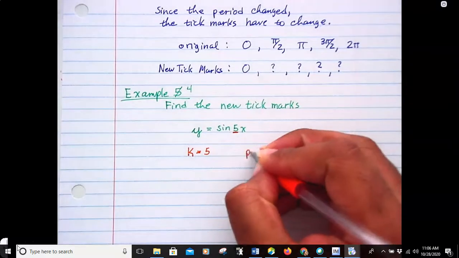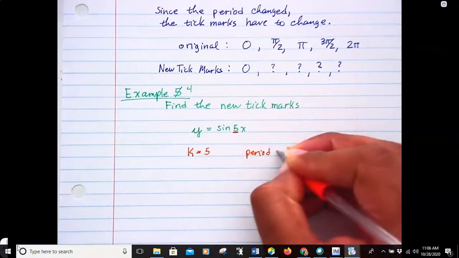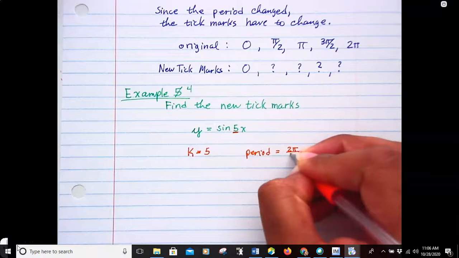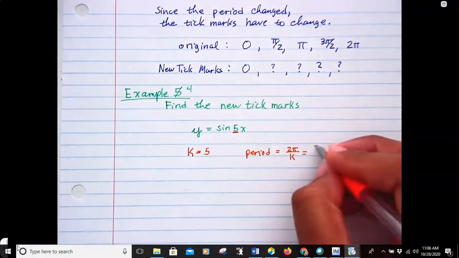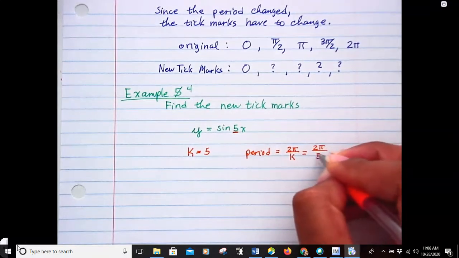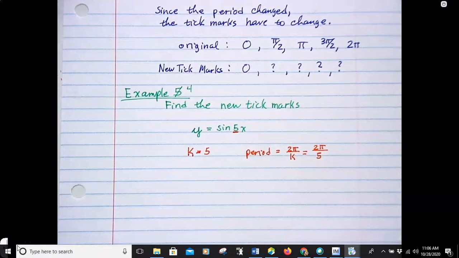Our period is going to be 2 pi divided by K. So it's 2 pi divided by 5. You should have seen that before, like 2 pi divided by 5 was familiar from the example right before this. All right, so now we're going to talk about our new tick marks.